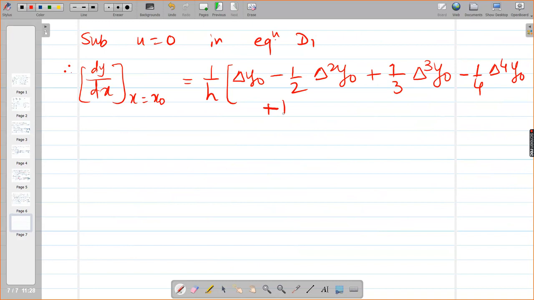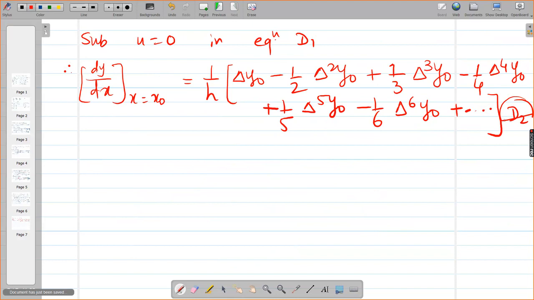So next term would be 1 upon 5 delta raised to 5 y naught minus 1 upon 6 delta raised to 6 y naught, and so on. This is your D2 formula. Formula number 2. Have you understood this?